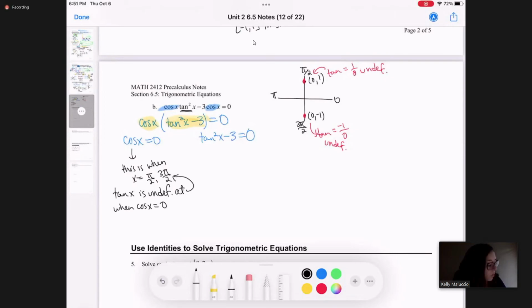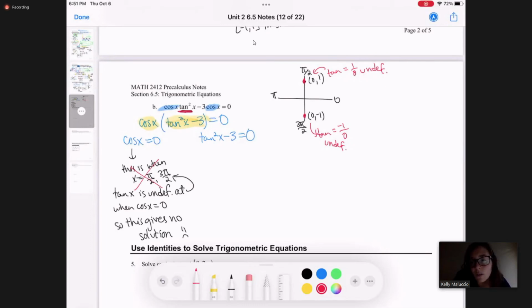And so this gives no solution to our main equation. That's still bad, but no solution. It's not a big deal, but you can't use that as a solution, because tangent's undefined. Even though it might work with cosine, because we have that tangent in our equation, we have to keep this in mind.